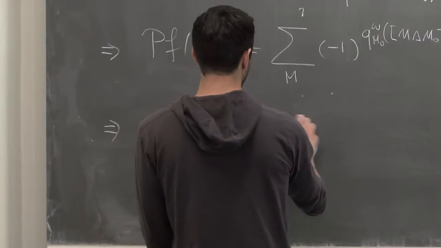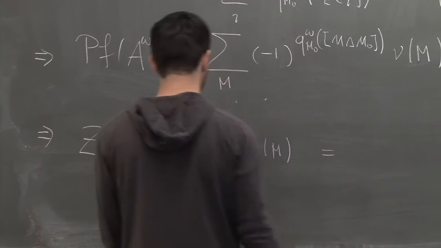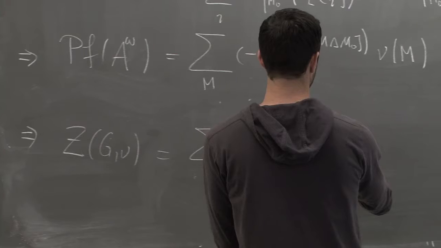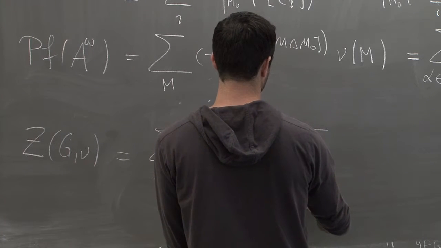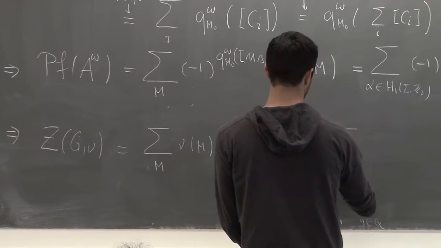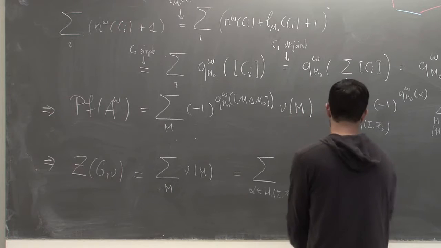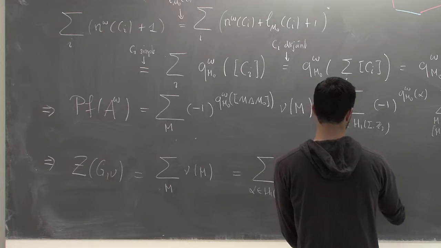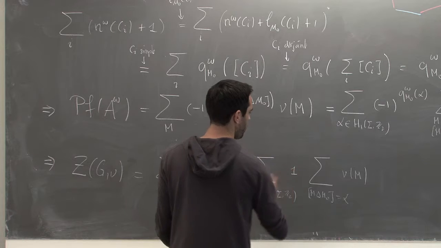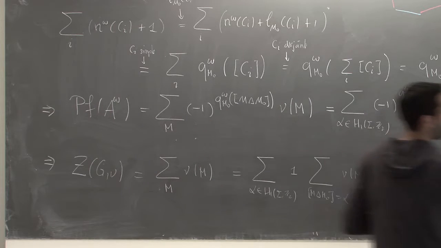The full partition function is simply the sum over all M of nu M. So what I can do here is sum up, again, over all the classes, and then sum over all the M's that give this class nu M. And now I can use the corollary, so I'm going to introduce a number 1 here, which I'm going to expand as I had just erased with this huge sum. So I continue here.